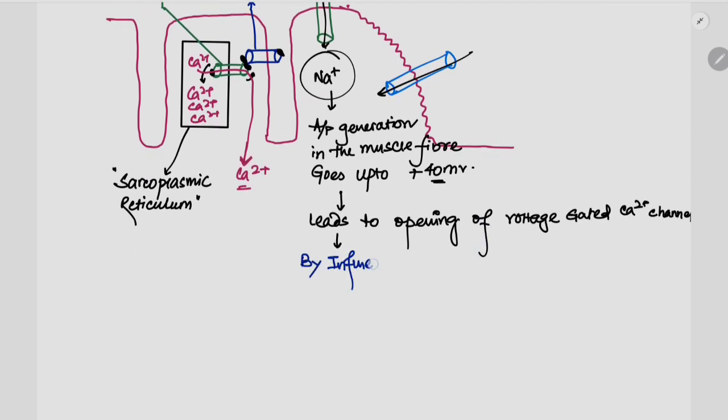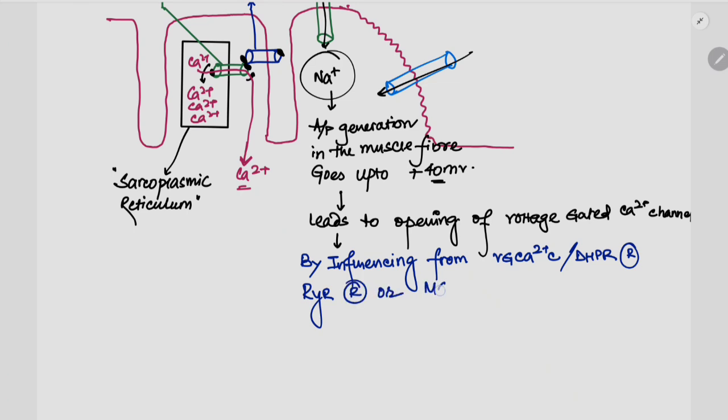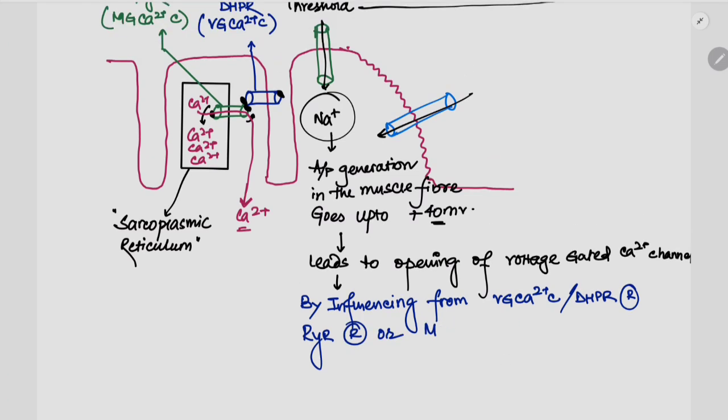By the influence of the voltage gated calcium channel or the DHPR receptor, the ryanodine receptor or mechanically gated calcium channels are also opening.